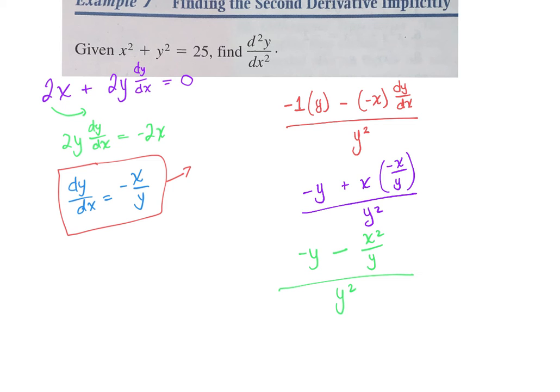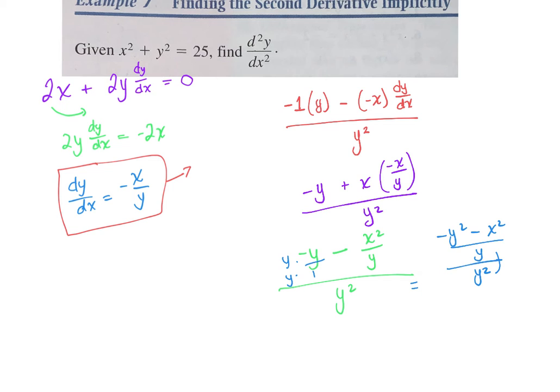We want to get a common denominator so that we can put that y on the bottom. So we're going to multiply both of these by y, which means I have negative y squared minus x squared over y, all over y squared.